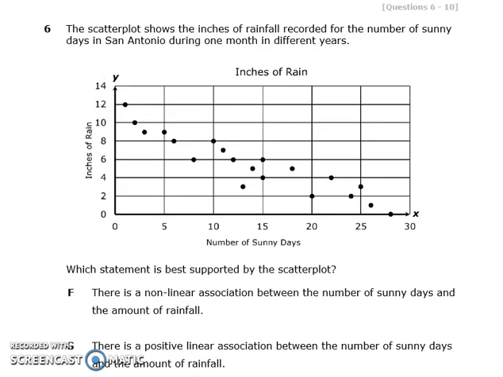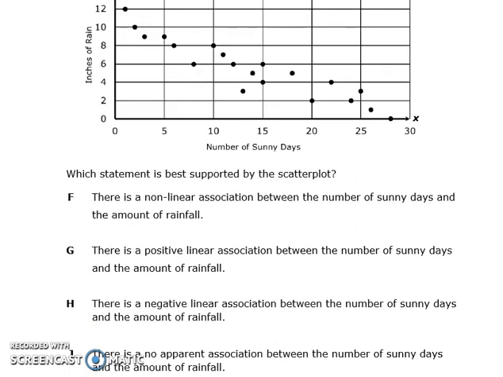Number 6. The scatter plot shows the inches of rainfall recorded for the number of sunny days in San Antonio during 1 month of different years. Which statement is best supported by the scatter plot? F. There is a nonlinear association between the number of sunny days and the amount of rainfall.